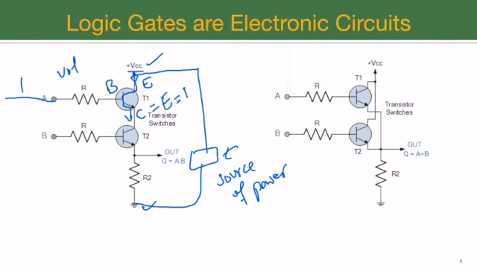Whenever the current is not flowing and voltage is not being measured, we say that this value is 0. So if current is applied at this particular point, a 1 value is being applied, and that results in current flowing through the transistor, and this value will become 1. This is the basic operation of the transistors.